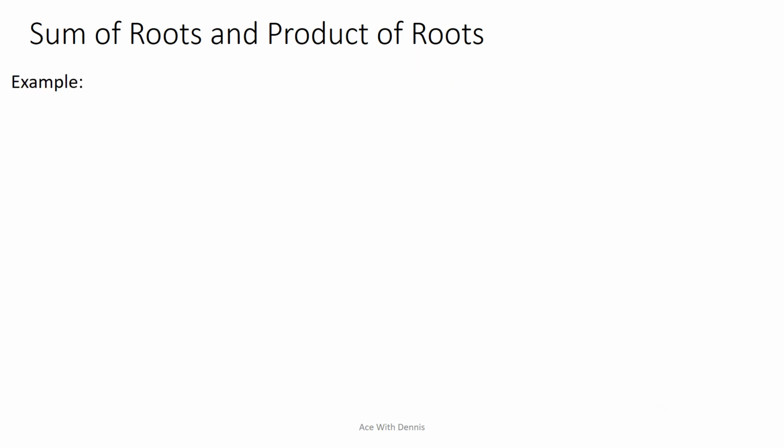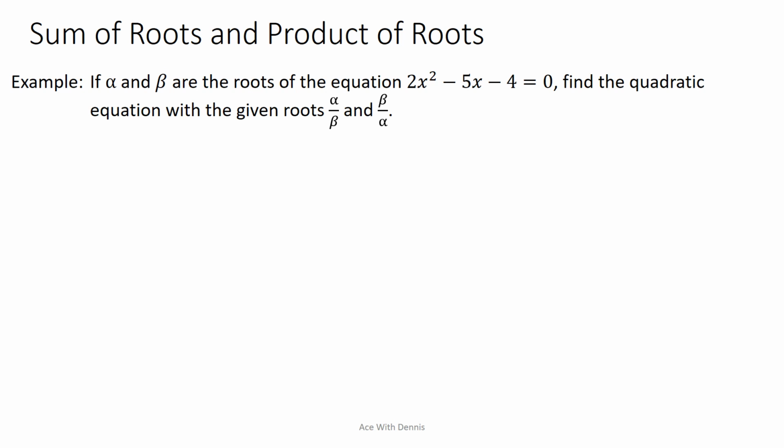This is another example. If alpha and beta are the roots of the equation 2x squared minus 5x minus 4 equal to 0, find the quadratic equation with the given roots alpha over beta and beta over alpha.